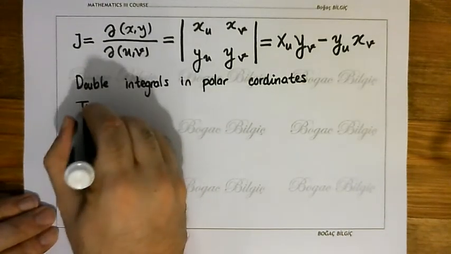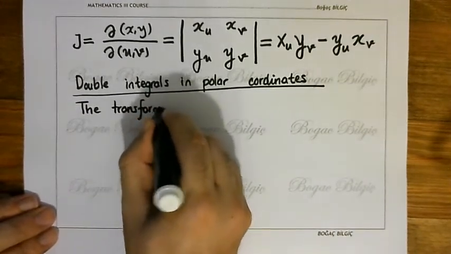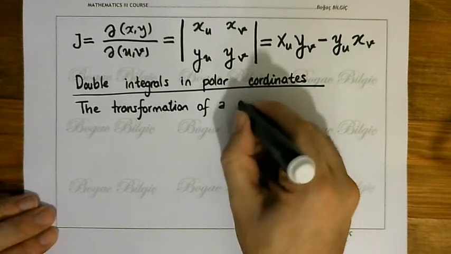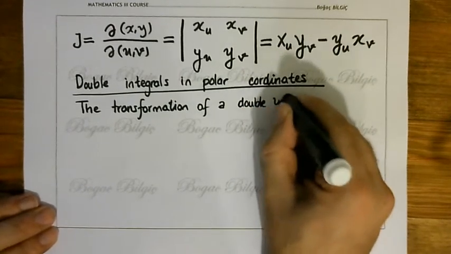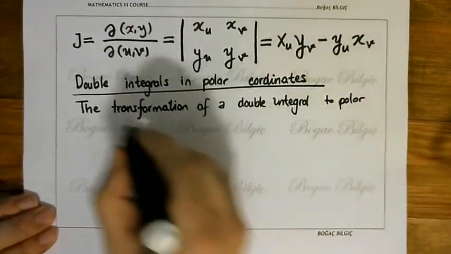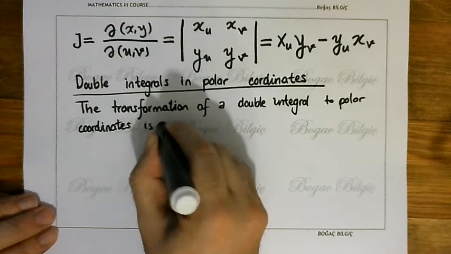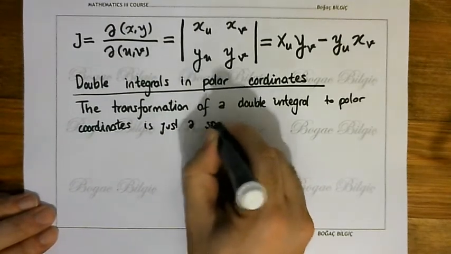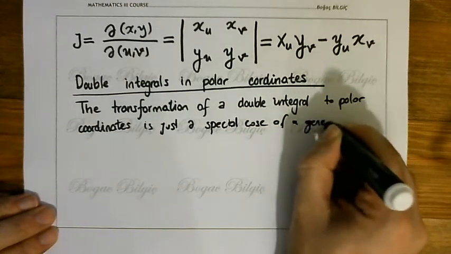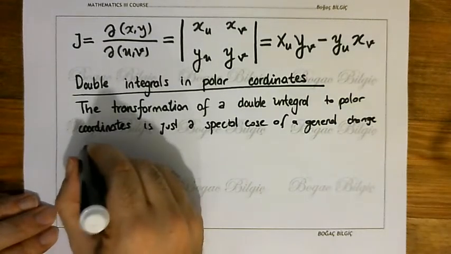The transformation of a double integral to polar coordinates is just a special case of the general change of variables formula.